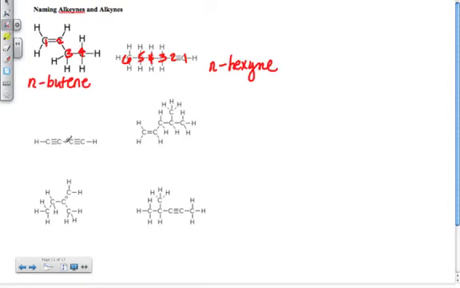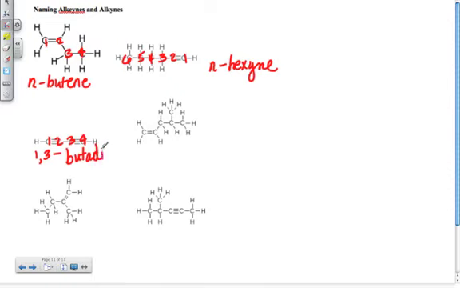In the bottom one here in the middle, I've got 1, 2, 3, 4. Now you see I've got 2 double bonds. This one's a little bit different. I've got one on the 1, I've got one on the 3, and I know that it's 4 carbons, so it's going to be butane, but I'm going to drop the E and it's called butadiene.